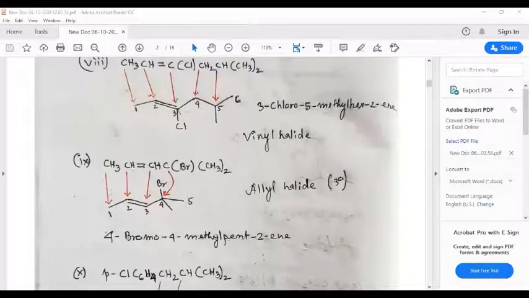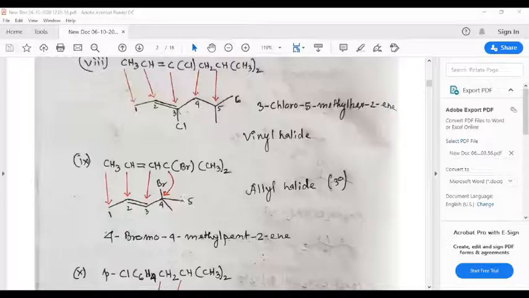Then CH3 CH double bond CH C Br CH3 whole twice. This CH3 is this one, CH is this one, CH this one, then this carbon and this carbon. Then to this carbon is attached one bromine. Then there are 2 methyl groups attached to this carbon. So the longest carbon chain contains 5 carbons, so it's a pentene derivative.